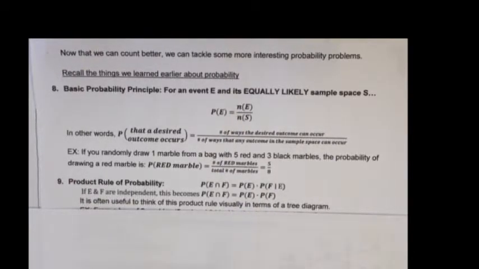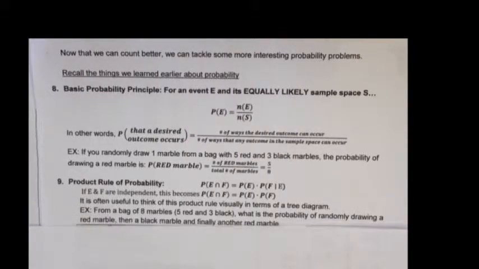And as I've mentioned before, to me it's useful to think of this product rule visually in terms of a tree diagram, even if you don't actually write it out. For example, from a bag of 8 marbles with 5 red and 3 black in the bag, what is the probability of randomly drawing a red marble, then a black marble, and finally another red marble?